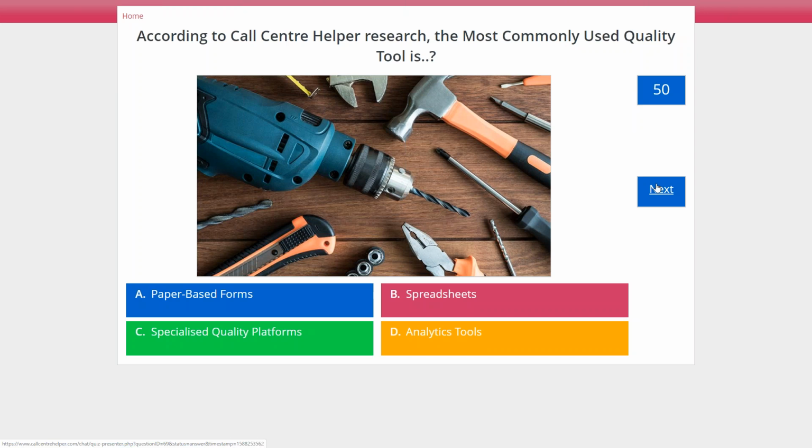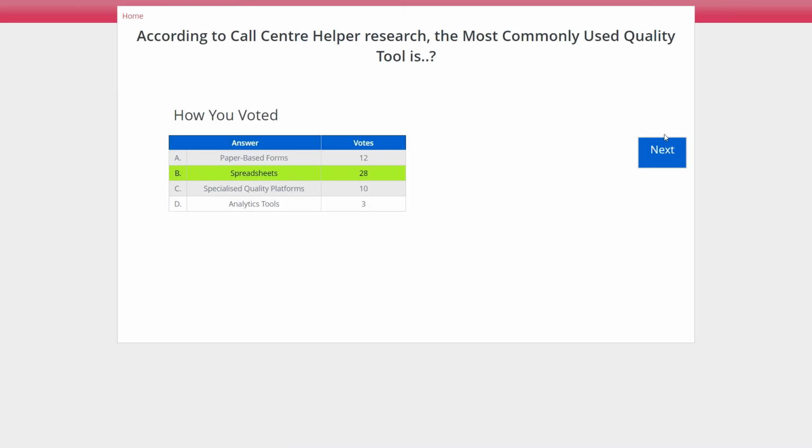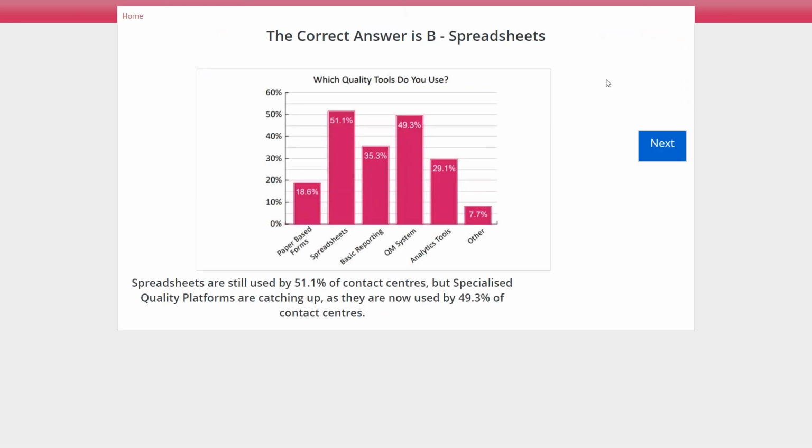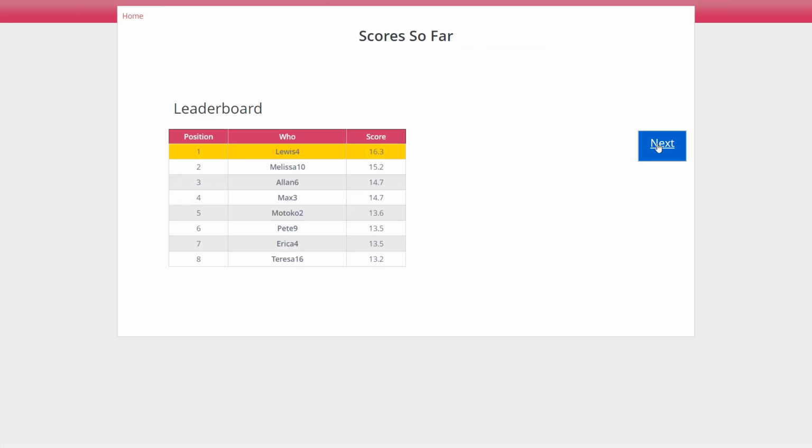The answer was spreadsheets. Most people got that one. Spreadsheets are still used by 51.1% of contact centers, but specialized quality platforms are catching up as they're now used by 49.3% of contact centers.